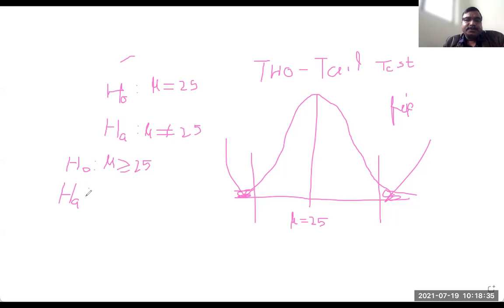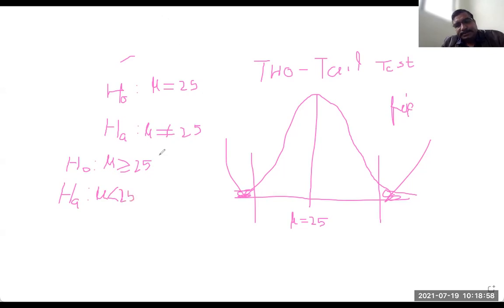And the alternate hypothesis becomes mu less than 25.